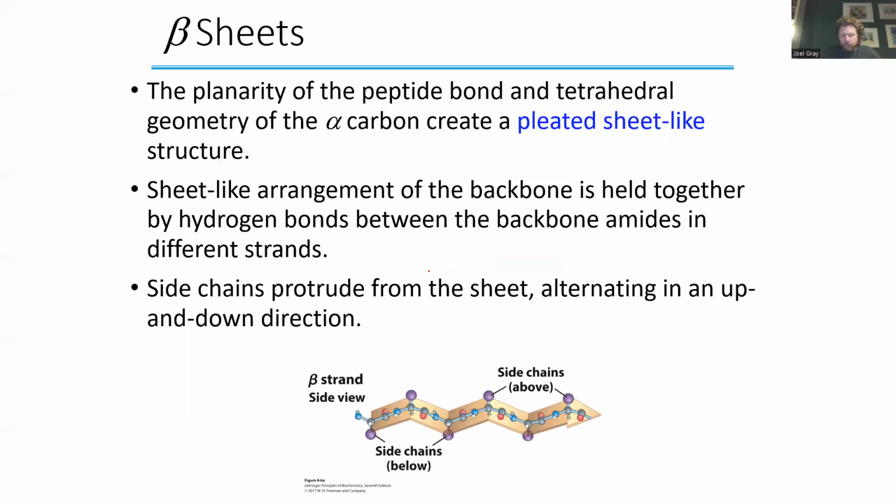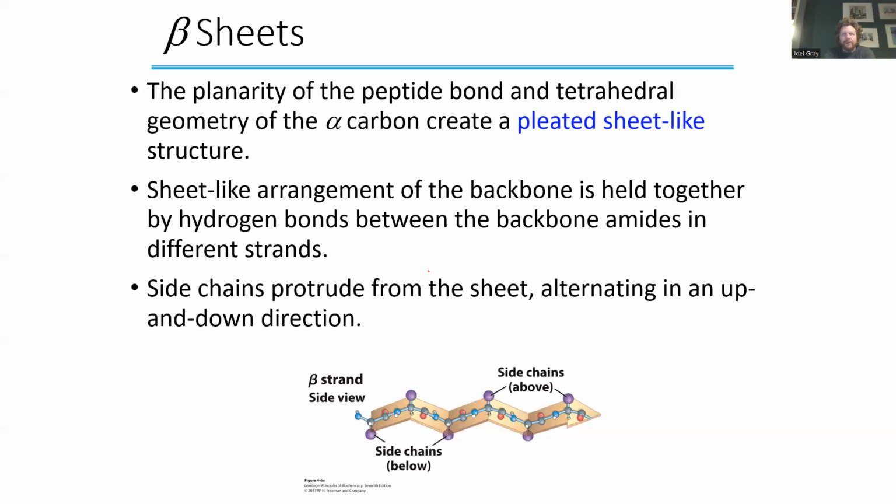Our next secondary structural element is known as a beta sheet. The planarity of the peptide bond and tetrahedral geometry of the alpha carbon create a pleated sheet-like structure. The sheet-like arrangement of the backbone is held together by hydrogen bonds between the backbone amides on different strands. Side chains protrude from the sheet, alternating in an up and down direction.